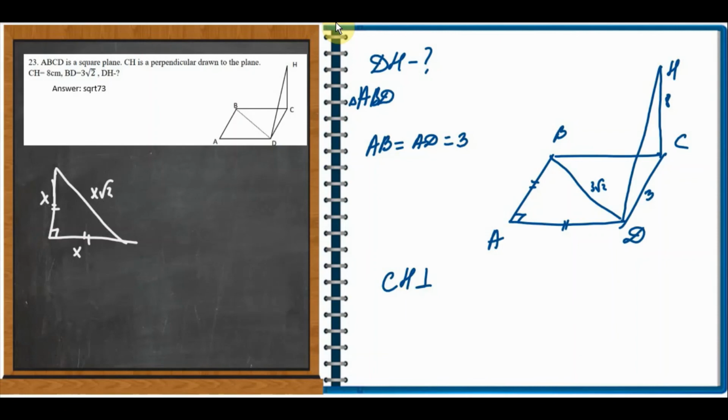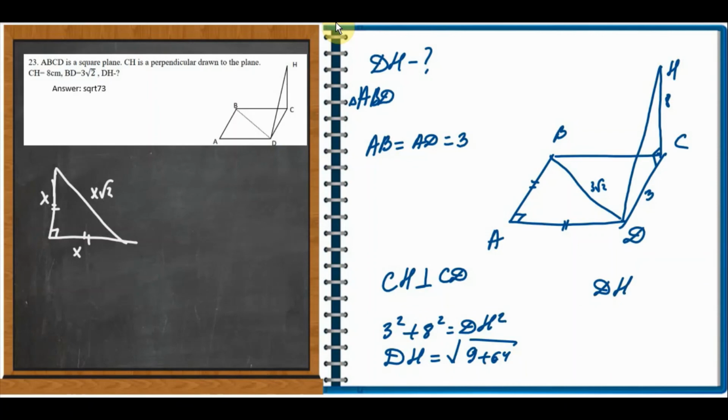To CD line. Now we see that this is right angle triangle. We will use Pythagoras theorem here. We will say that 3 squared plus 8 squared is going to be DH squared, and DH is equal to square root of 9 plus 64, and DH is equal to square root of 73.